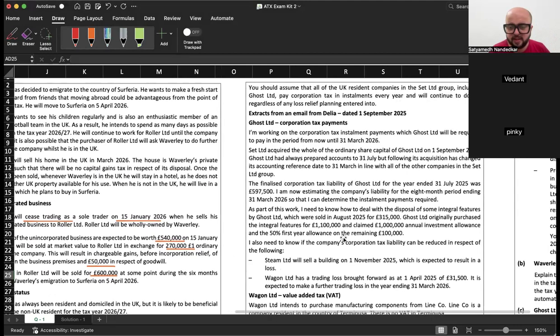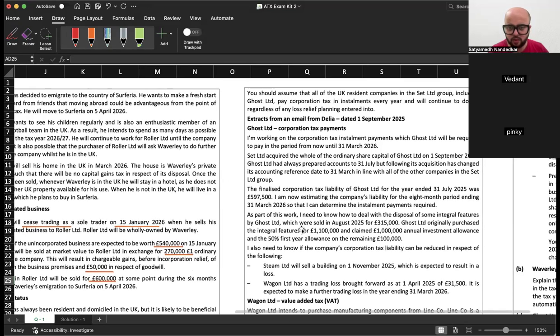Have they given you any dates कि the company joined the group on so and so date? चेक करो. Do you see a date?